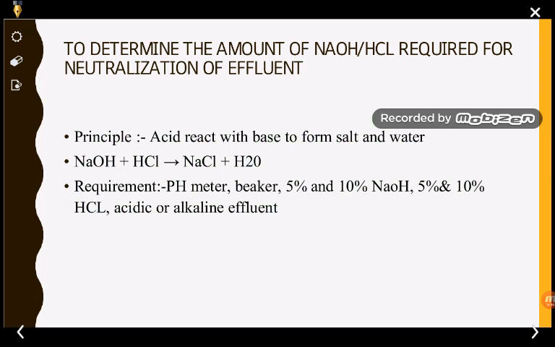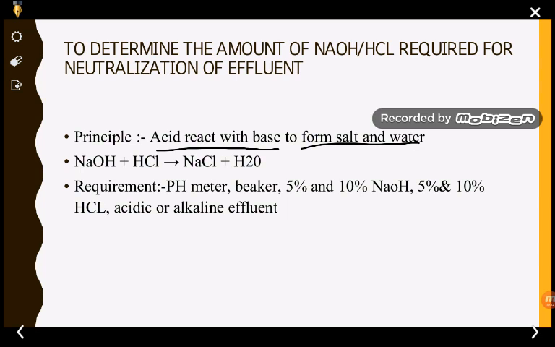Next experiment: to determine the amount of NaOH or HCl required for the neutralization of an effluent. So here the main principle is that any wastewater is given to you and the acidity or basicity will be checked first. The main principle of this experiment is that acid reacts with base to form salt and water.